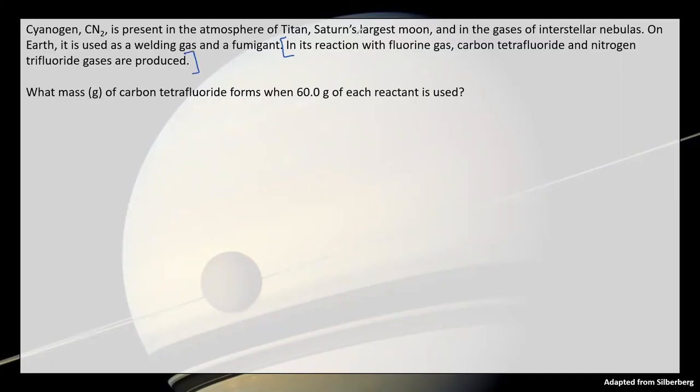It says, in its reaction with fluorine gas, carbon tetrafluoride and nitrogen trifluoride gases are produced. So we know we're working with cyanogen plus fluorine gas. And here we have to remember our diatomic elements. So I remember this as Hunkelbrief, but you might remember it as Brinkelhoff.